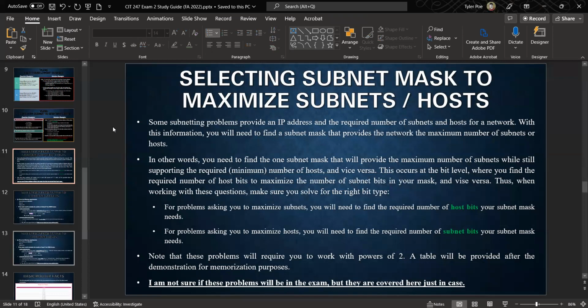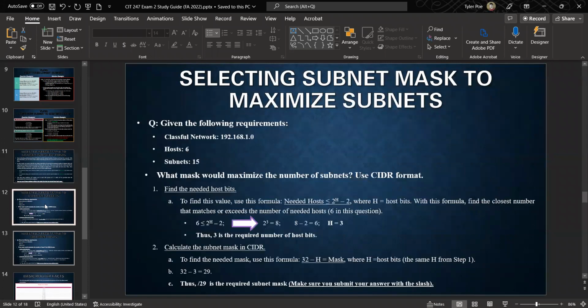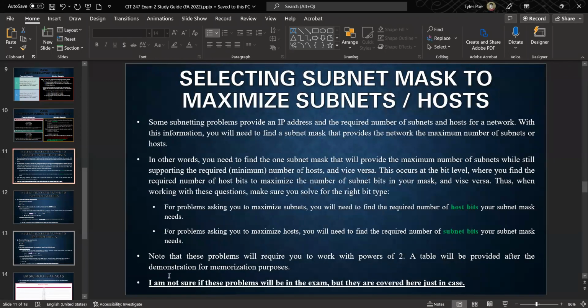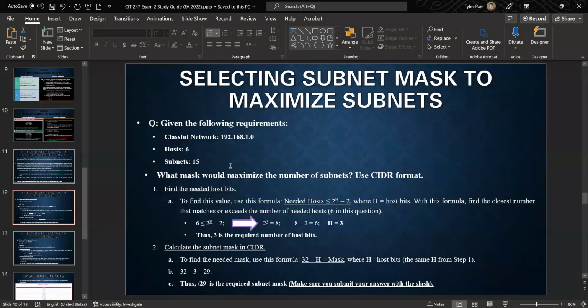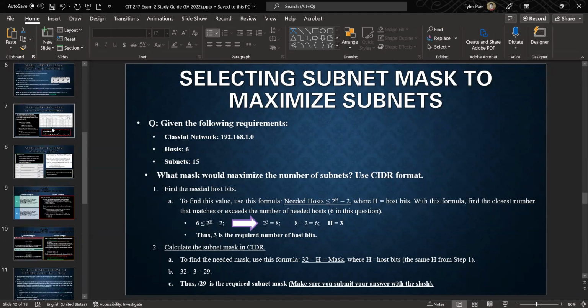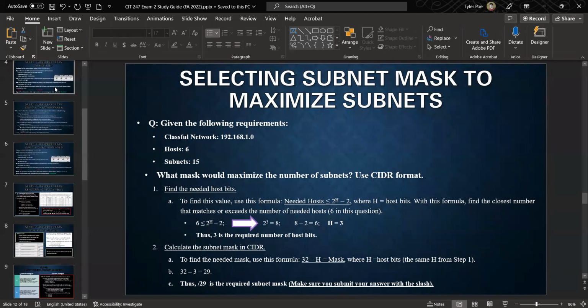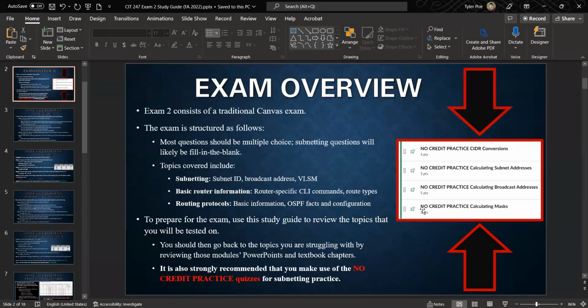We're not done with subnetting yet. We've got selecting subnet mask to maximize subnets/hosts. That may sound confusing at first, but I'll explain it here. Basically, when you're given questions that look like this, possibly in the exam, these questions correlate to this practice quiz, calculating masks.